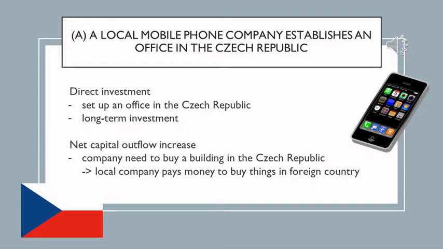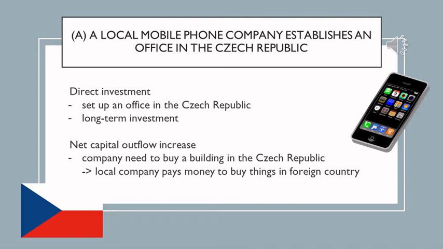In Part A, a local mobile phone company established an office in the Czech Republic. It is a direct investment as the office is set up in the Czech Republic rather than the local area. And it is a long-term investment because our local company needs to buy a building in a foreign country.